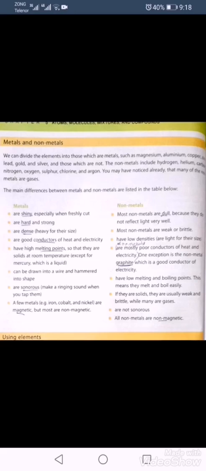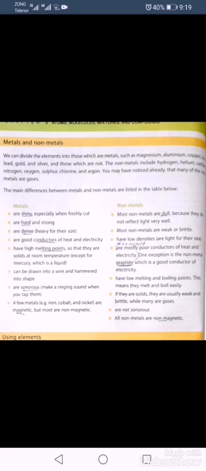Sonorous means it produces a sound when you tap them or when two metals are struck together. Some metals like iron, cobalt, and nickel are magnetic, and most are non-magnetic.